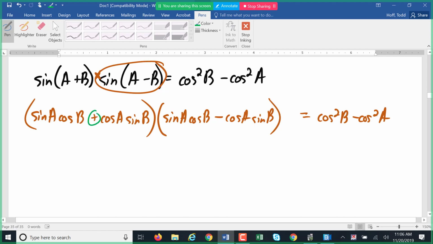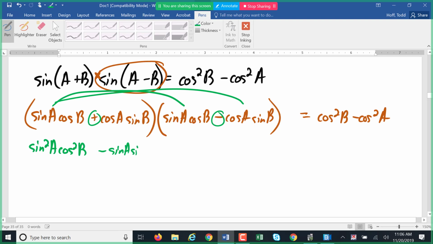This is a sum and difference product. So if I were to FOIL this out, well, let's just do it. Sine a cosine b times sine a cosine b, that's sine squared a cosine squared b. Sine a cosine b times a negative cosine a sine b, well, that's a negative sine a sine b cosine a cosine b.